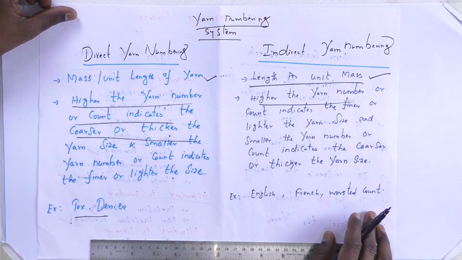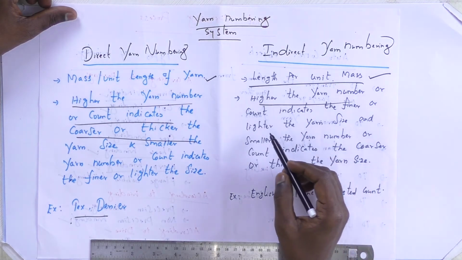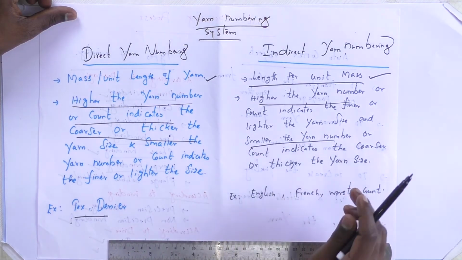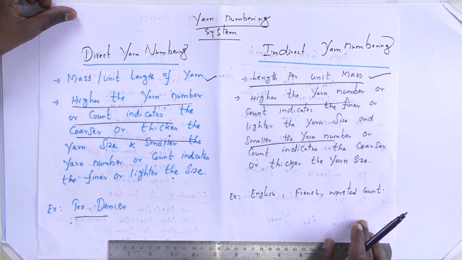So, for example, 100s yarn is finer than 60s yarn, or 60s yarn is finer than 20s yarn. And the smaller the yarn number, the coarser or thicker the yarn size. So it is inversely proportional to the thickness of the material in the indirect yarn numbering system.